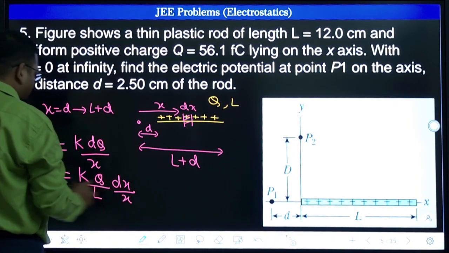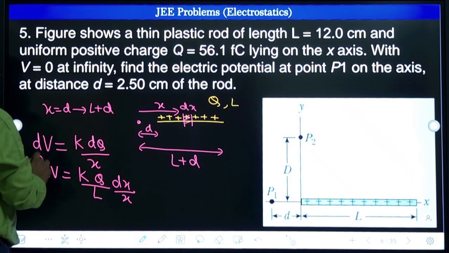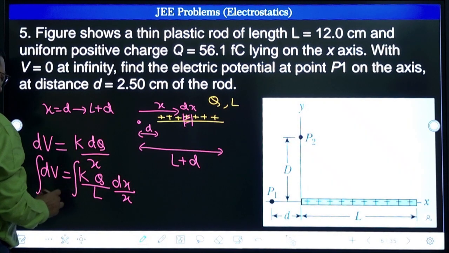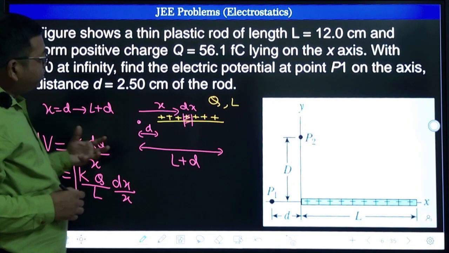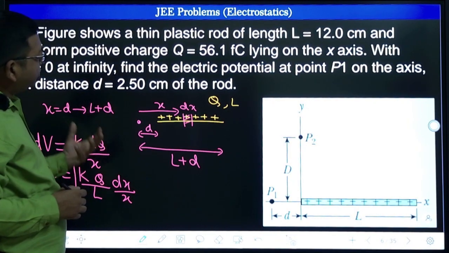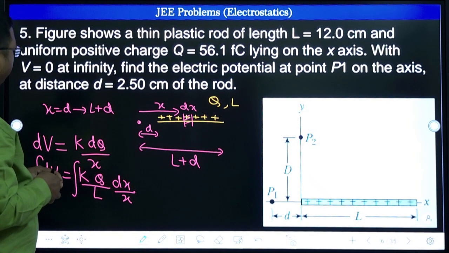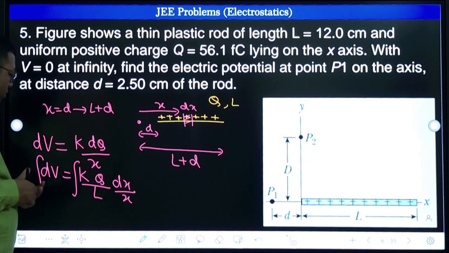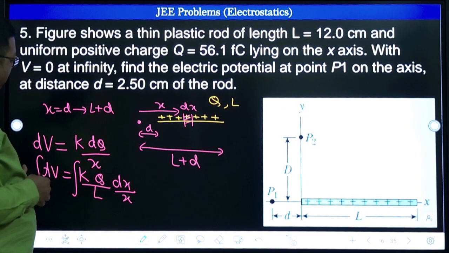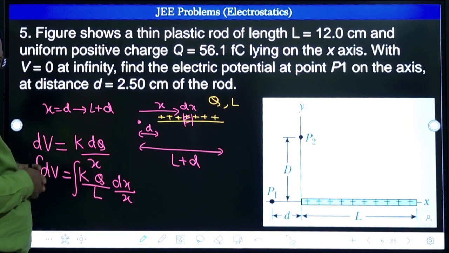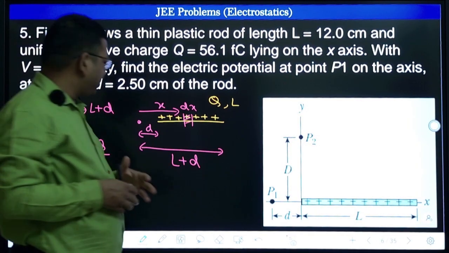Now we are going to integrate this, from one point to another. So basically you will be calculating the potential difference.